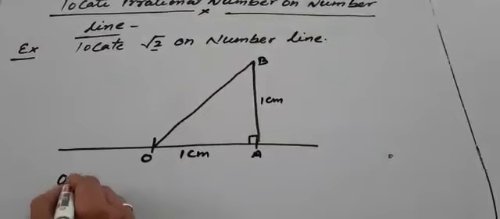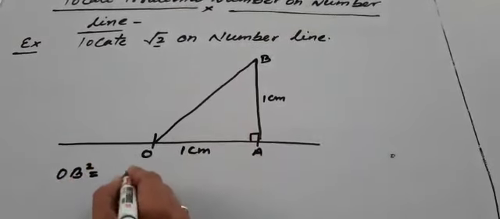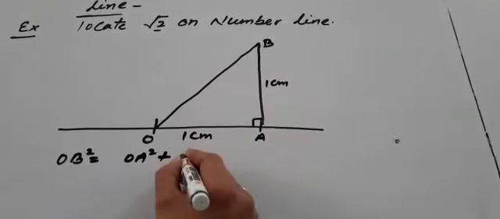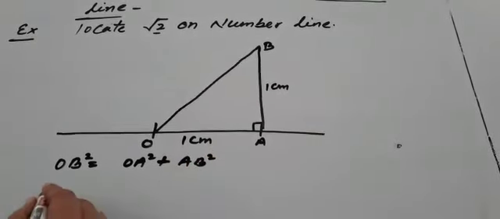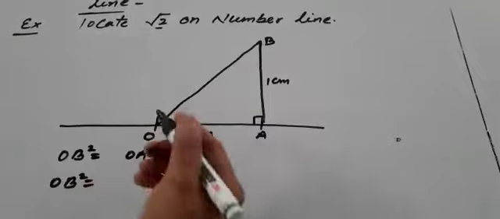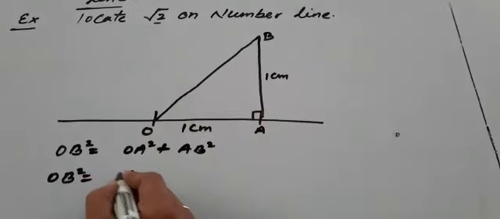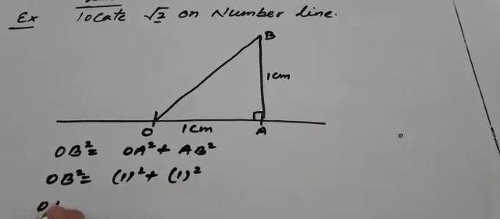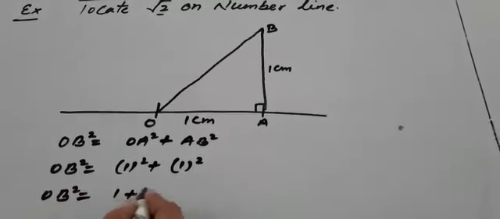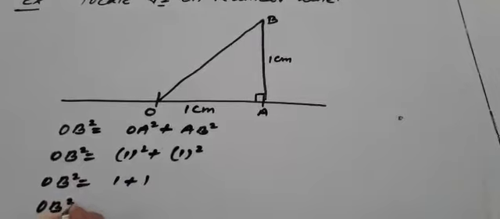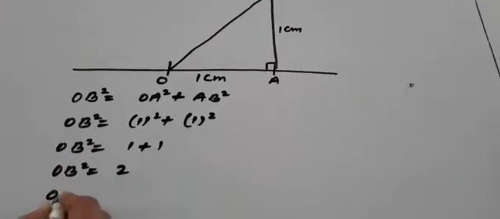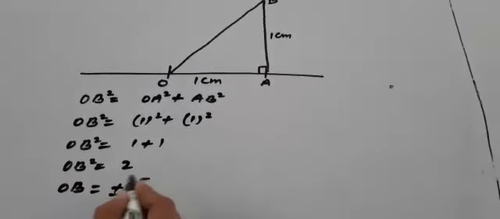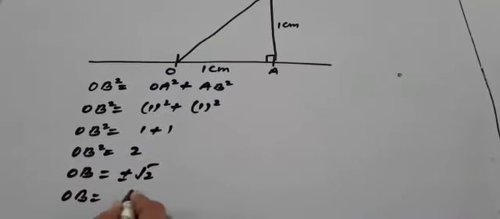OB square is the hypotenuse, OA square is the base, and AB square is the perpendicular. Then OB square equals 1 square plus 1 square, which is 1 plus 1, so OB square equals 2. Then OB equals plus minus root 2, so OB equals root 2.